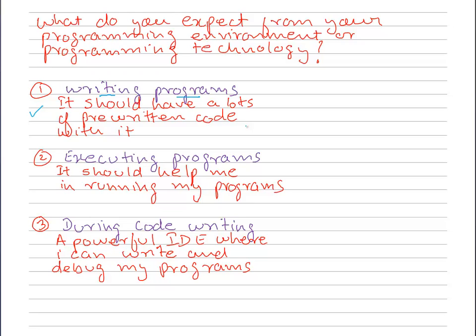So it would be great if the technology can give you a lot of pre-written code. In answer to this, the .NET framework gives you a base class library. By base class library we mean the basic functionality that is used throughout the .NET technology.